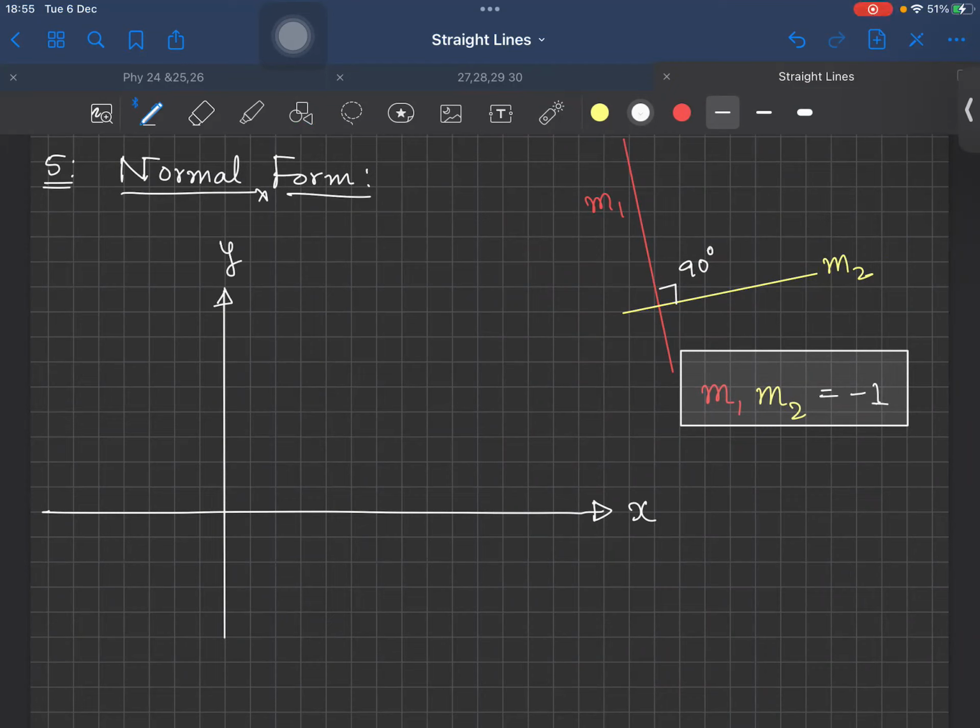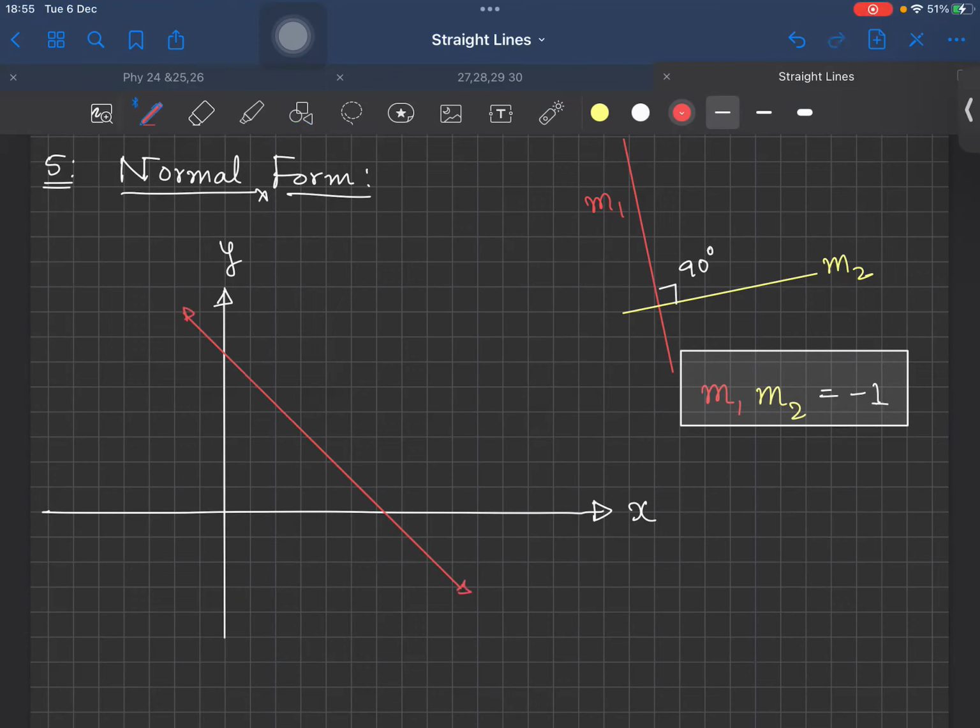Since this is a linear graph, it is always very easy to understand. It doesn't matter where the line is; it can be anywhere. I'll just take one example. Will that be okay with you guys? If you're not saying anything, I think it is okay.